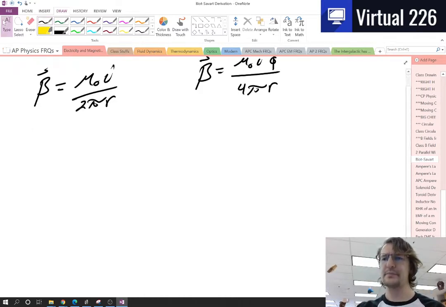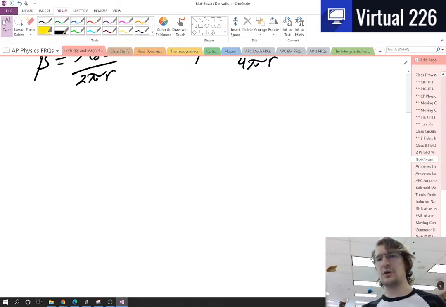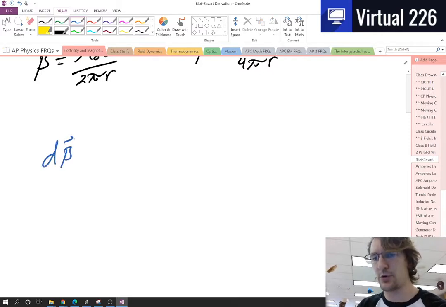Now, one of the things we'll need to do is, if you recall earlier when we were talking about Biot-Savart, we set up this equation, and I'm not going to go through how to get it because it's its own little derivation.